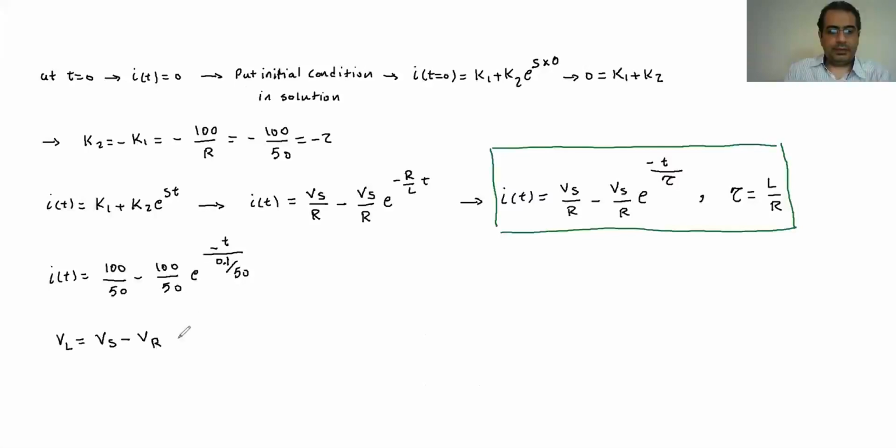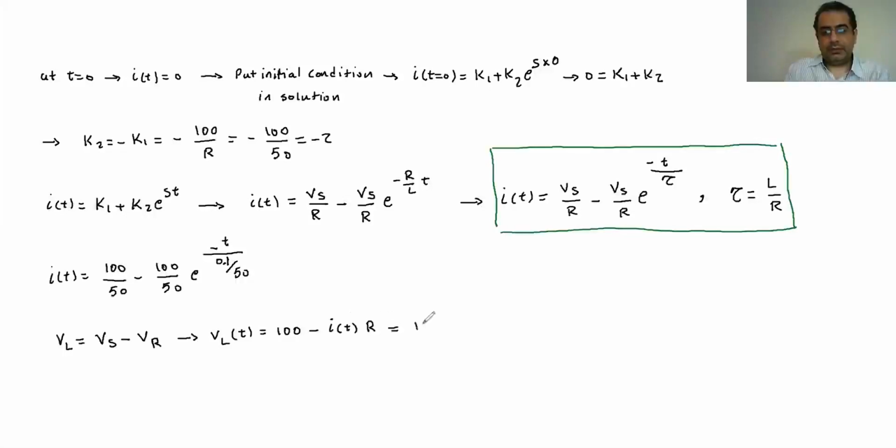So I can go ahead and say that the VL over time is going to be VS, which I know is going to be 100, minus the VR, and the VR I know is going to be IR, or basically I of t times R, which R is 50.